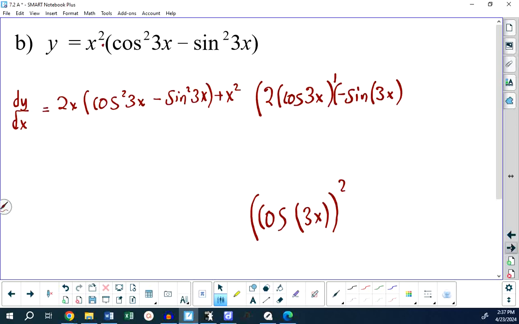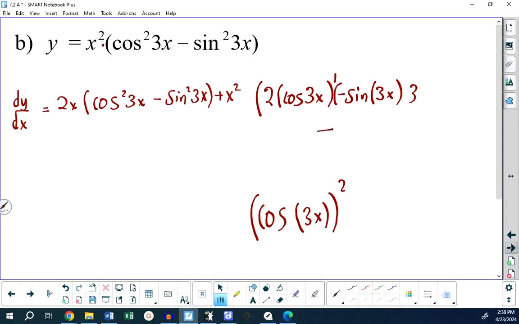But the derivative of the cosine of a thing is not merely the negative sine of the thing, it's the negative sine of the thing times the derivative of the thing, times 3. So that is the derivative of cos squared of 3x.